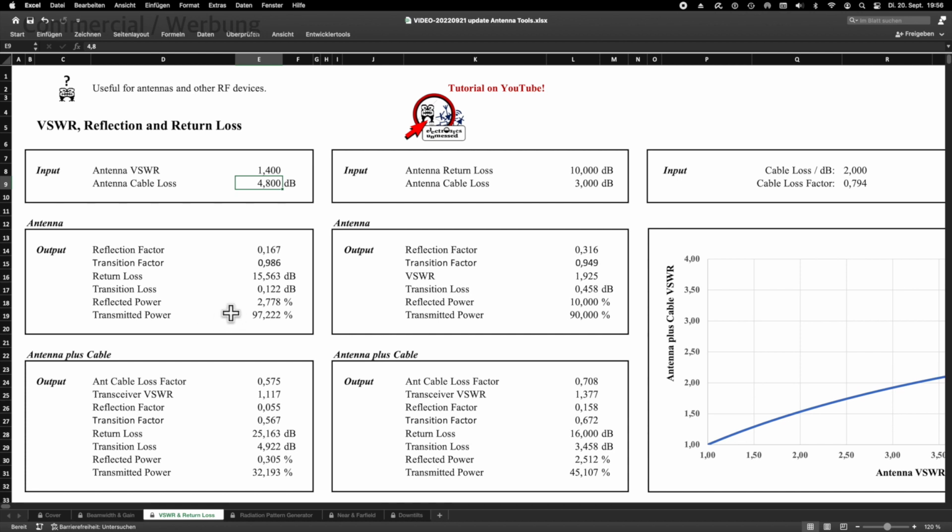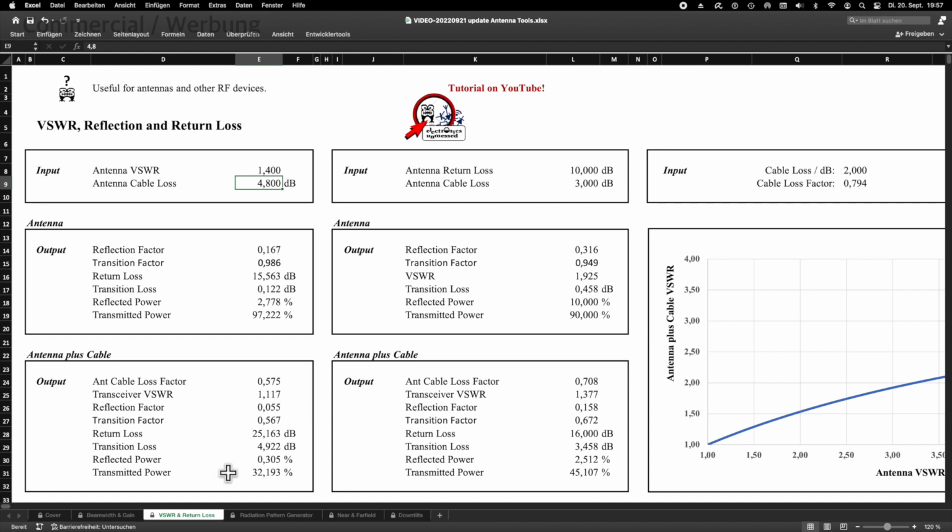More than 97% of the power is transmitted to the antenna and less than 3% is reflected. The lower output section gives us the results for the matching, including the feeder cable, on the side of the transmitter, if you will. Well, you probably expected it.